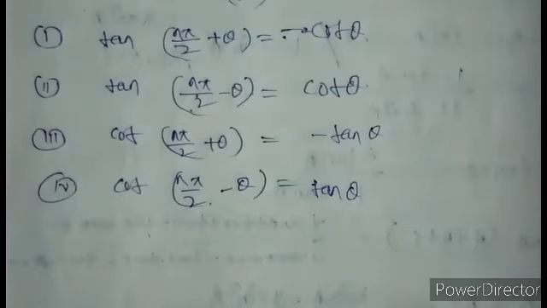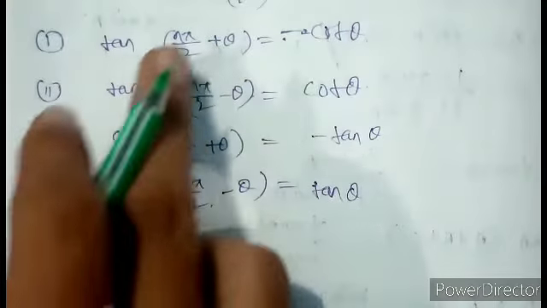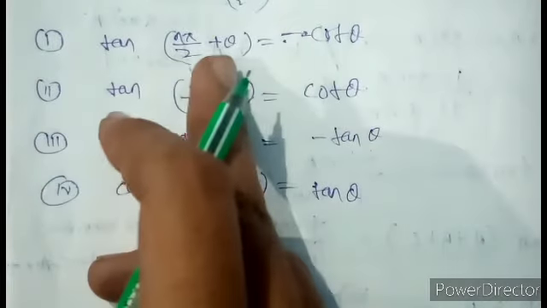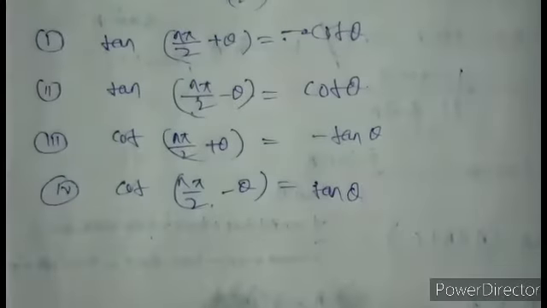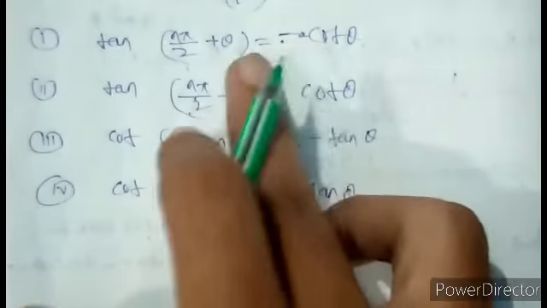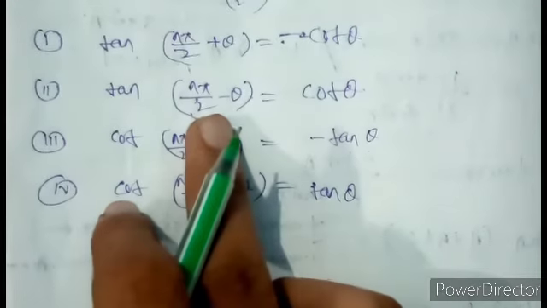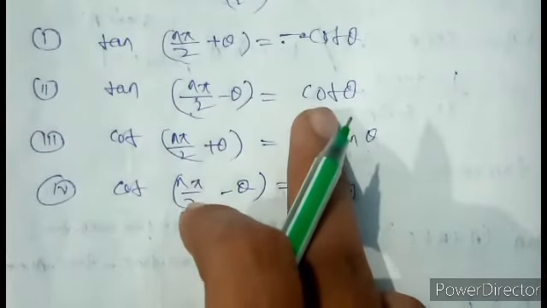So how will we remember this formula? Because this is only logic. If tan(nπ/2 + θ) is there, we know that tan(π/2 + θ) is equal to cot θ. But here the sign is positive, so the result will be negative, minus cot θ. And when the sign is negative, then the result is cot θ, only positive.